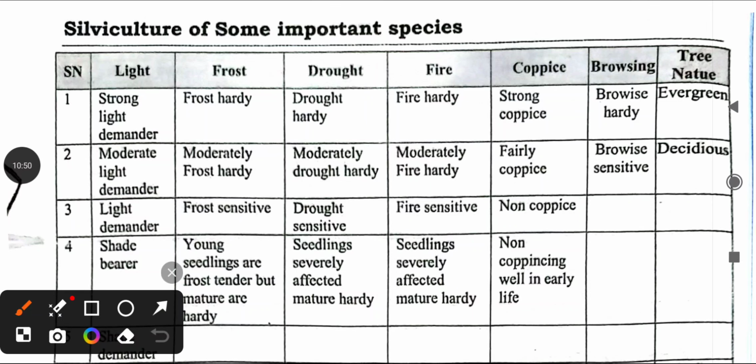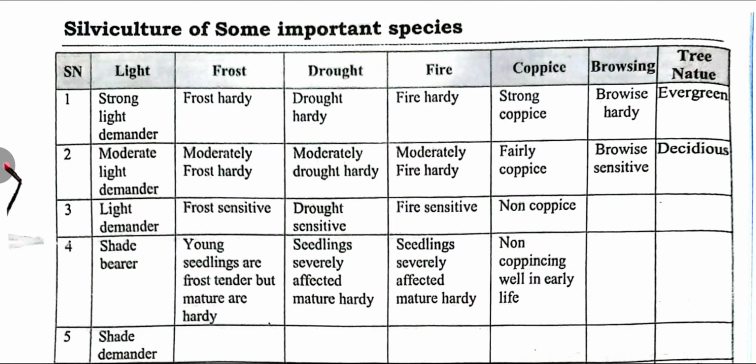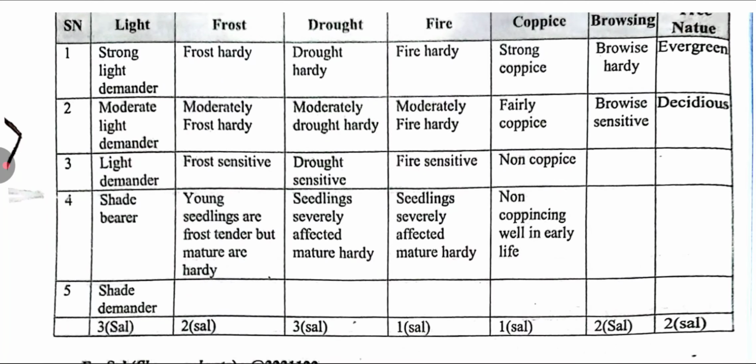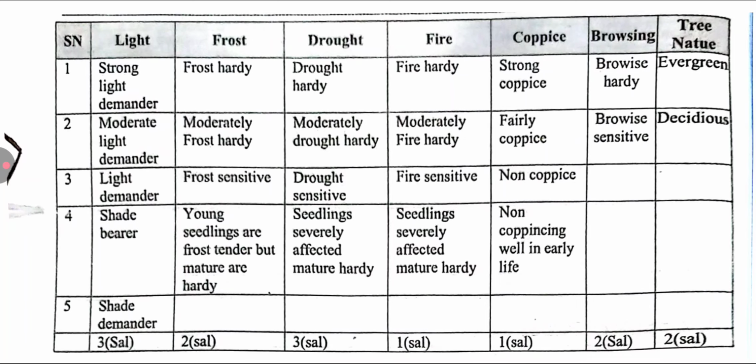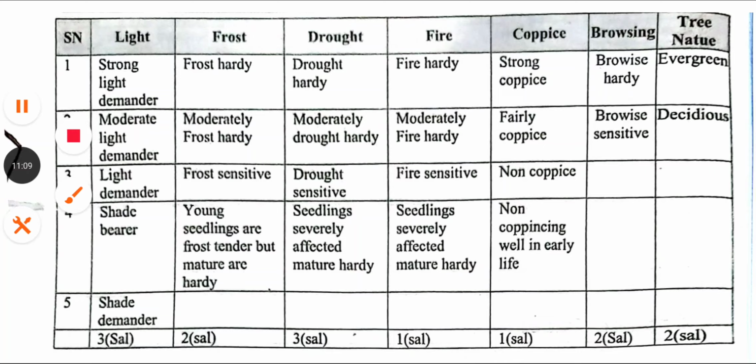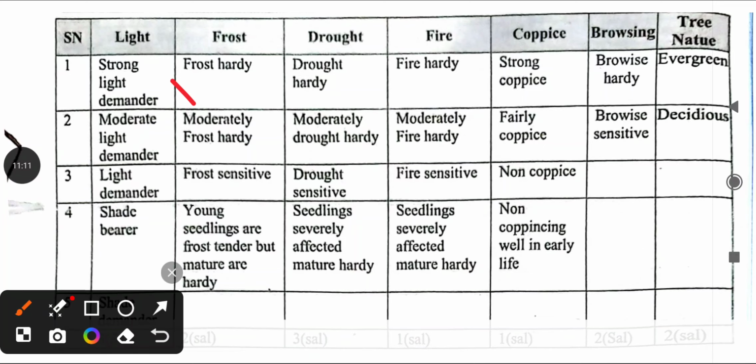Silviculture of some important species. Light demander: strong light demander 1, moderate light demander 2, light demander 3, shade bearer 4, and shade demander 5. Frost: frost hardy 1, moderately frost hardy 2, frost sensitive 3; young seedlings are frost tender but mature are hardy.